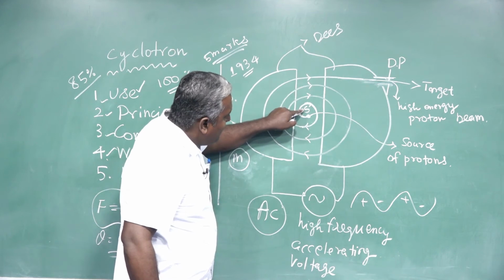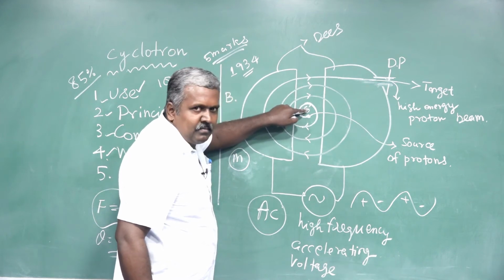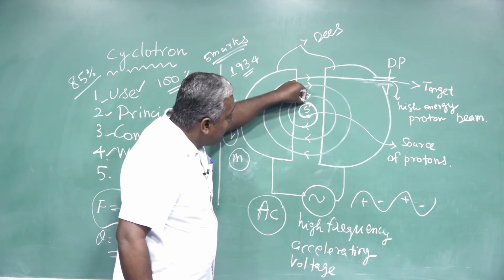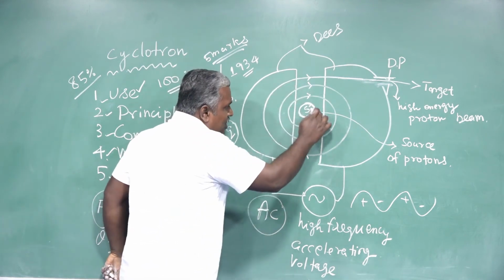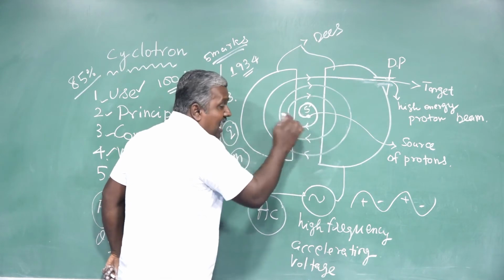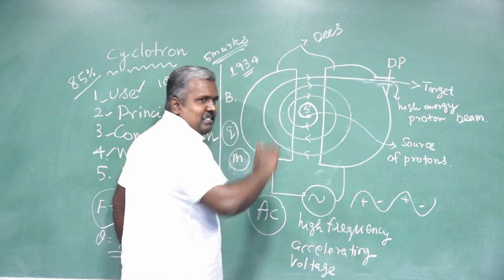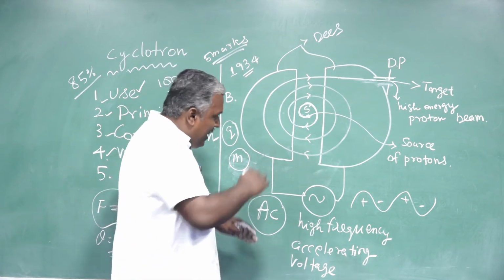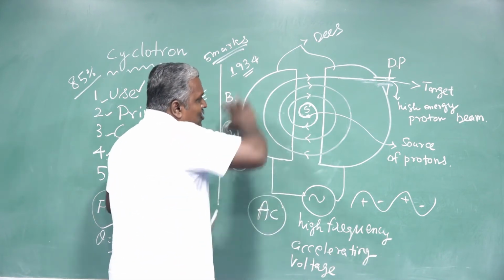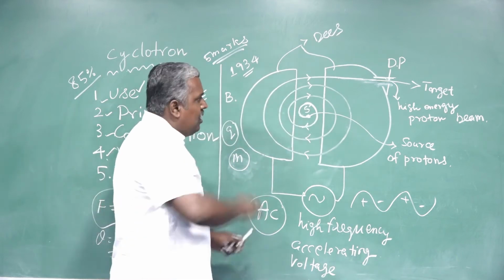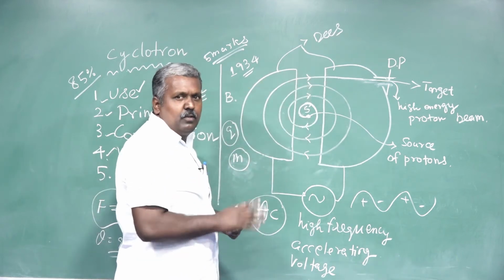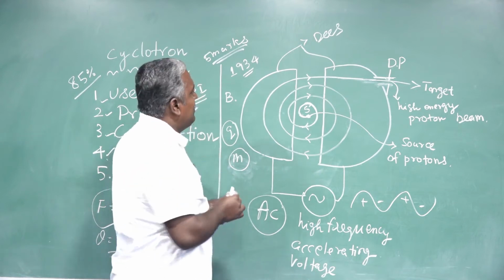Comparing with the previous radius: here velocity is low, radius also low. But at this point velocity increases, and the radius of the circular path also increases. So again and again the polarity gets reversed. So continuously this positive ion moves in a spiral path. That is important, not a circular path.